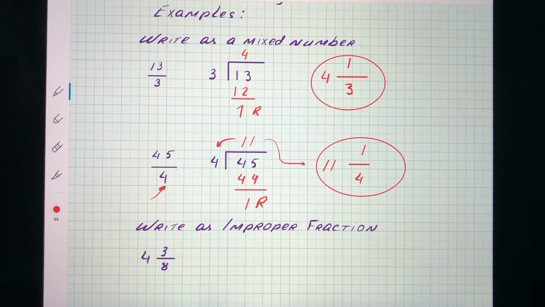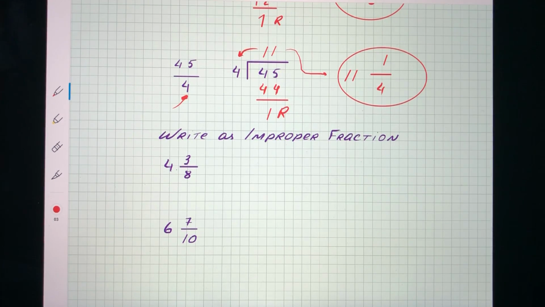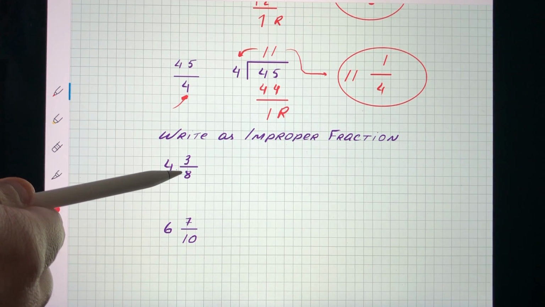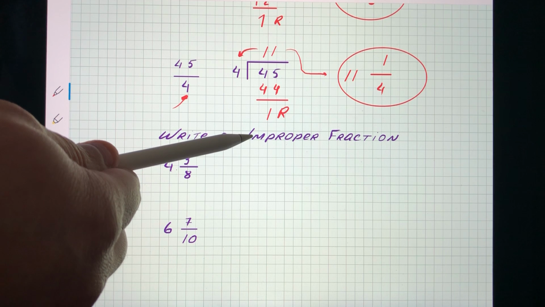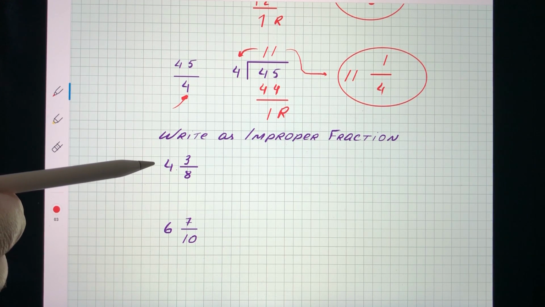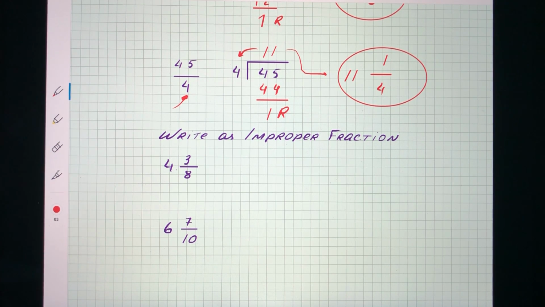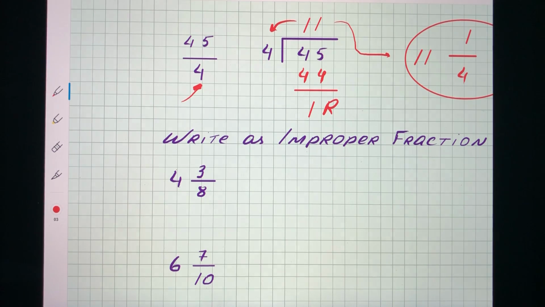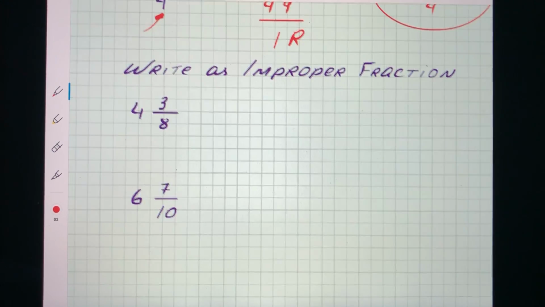Now let's do it backwards. So this time we have the answer as a mixed number. We have a whole part, we have a fraction. Let's go back and write it as improper. So now we have to reverse all the operations we have done. And to do this, instead of division, we do multiplication. And then following the order of operations, we do addition next.